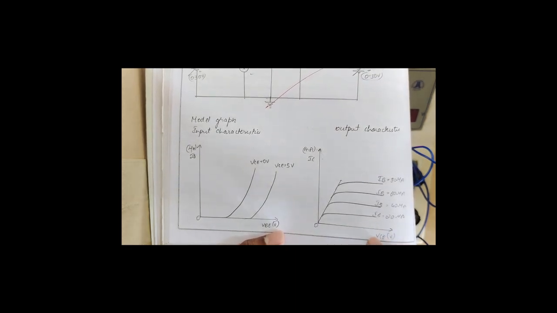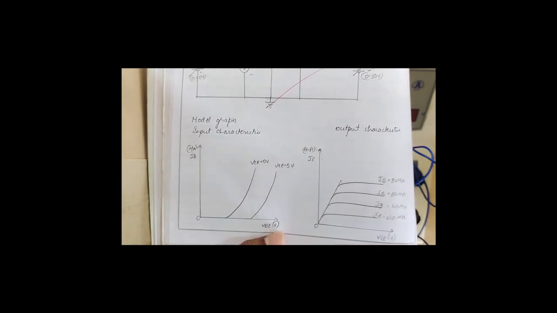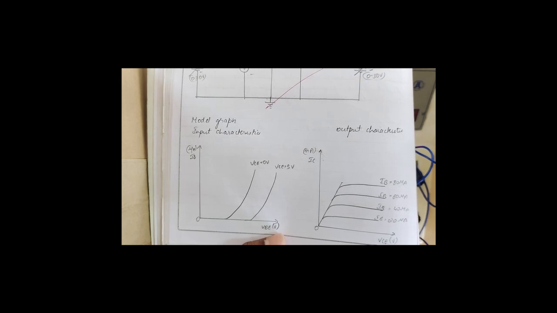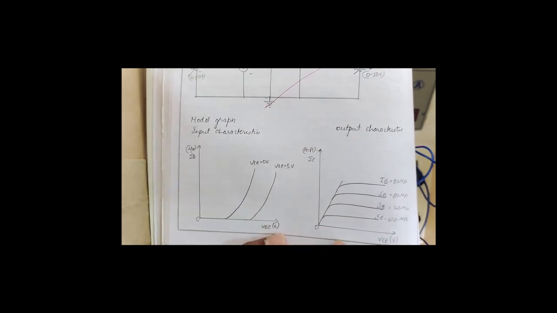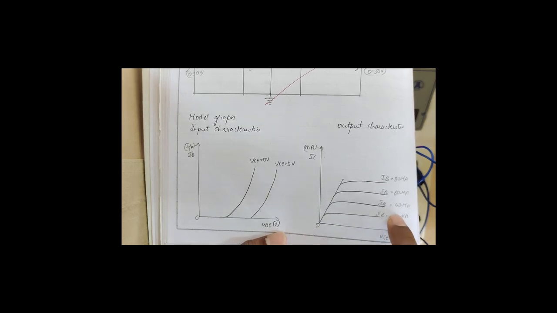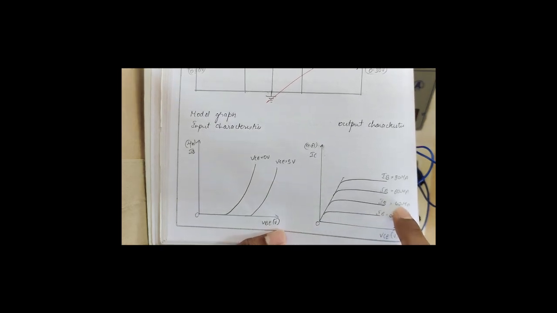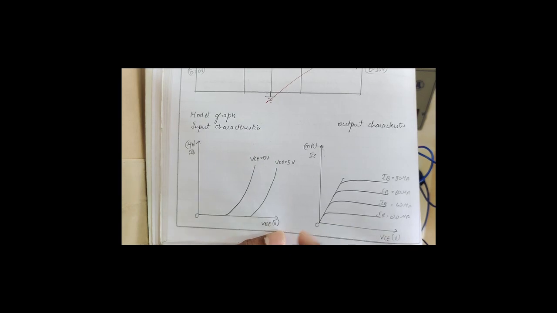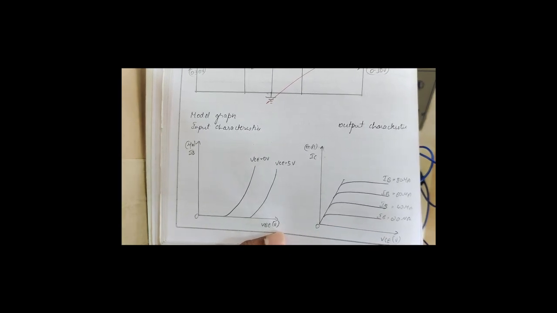And for this voltage variation, let us note down the collector current variation. So that is your first iteration. And for the second iteration, we will change the input current to a different value, let's say 40 microamperes, and then redo the procedure.